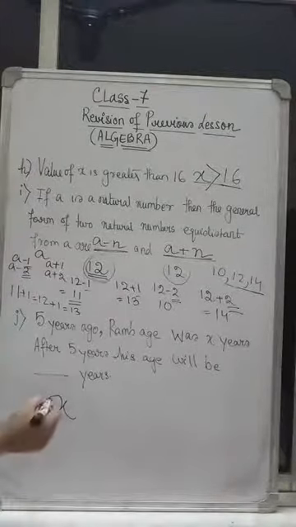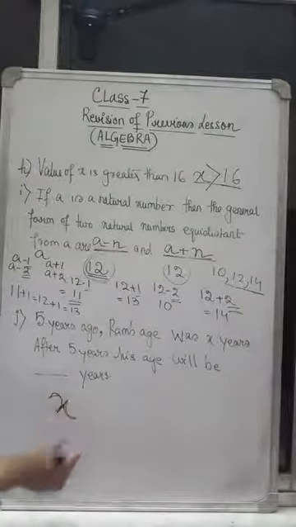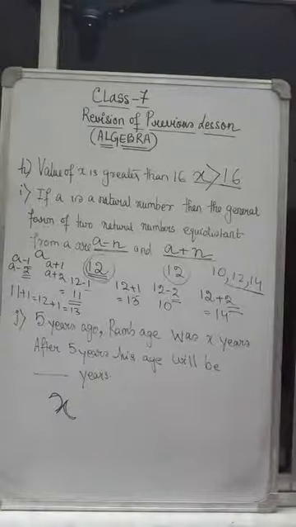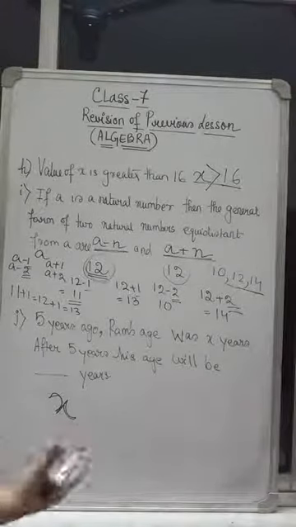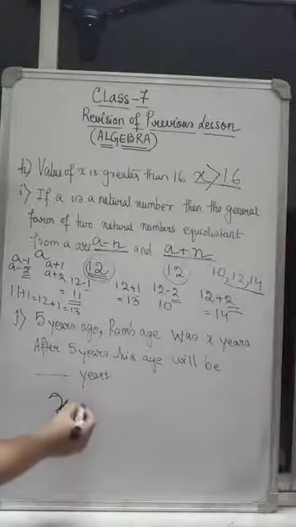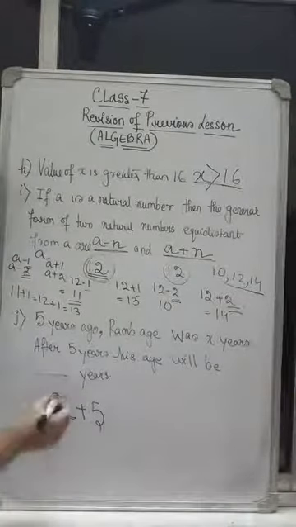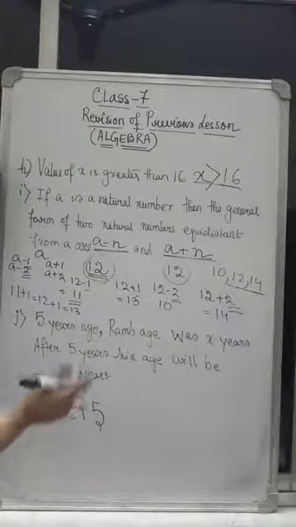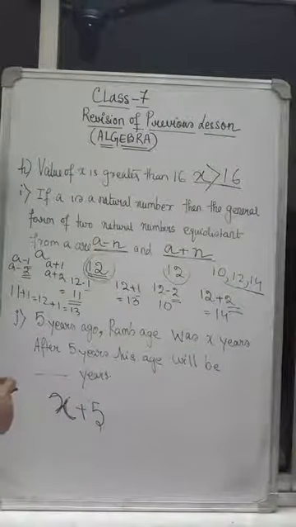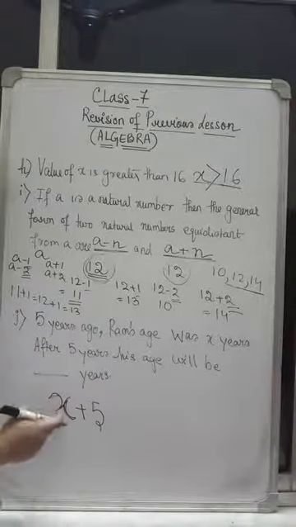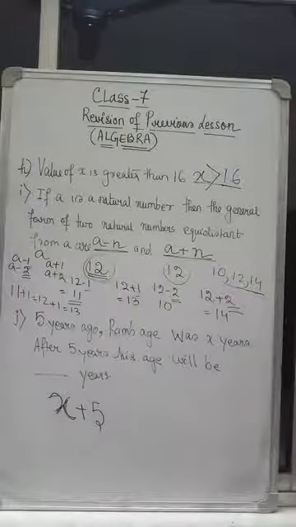So before 5 years, if his age was X, what is his present age? He has grown 5 years older. So now his present age will be X plus 5. Mind it, X is the age which he had before 5 years. Now he is 5 years older than before, so now his age is X plus 5.